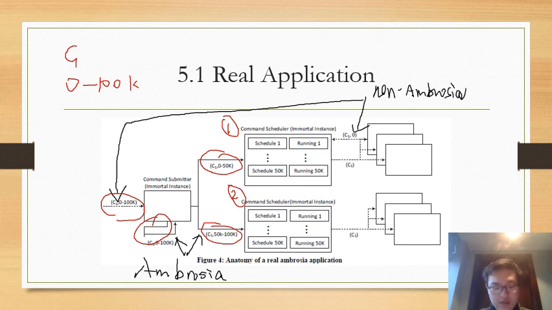Then each of the command schedulers receives the command and the associated set of machines. Then it will schedule it, and this is the actual scheduling. It asks the machine to execute this command.